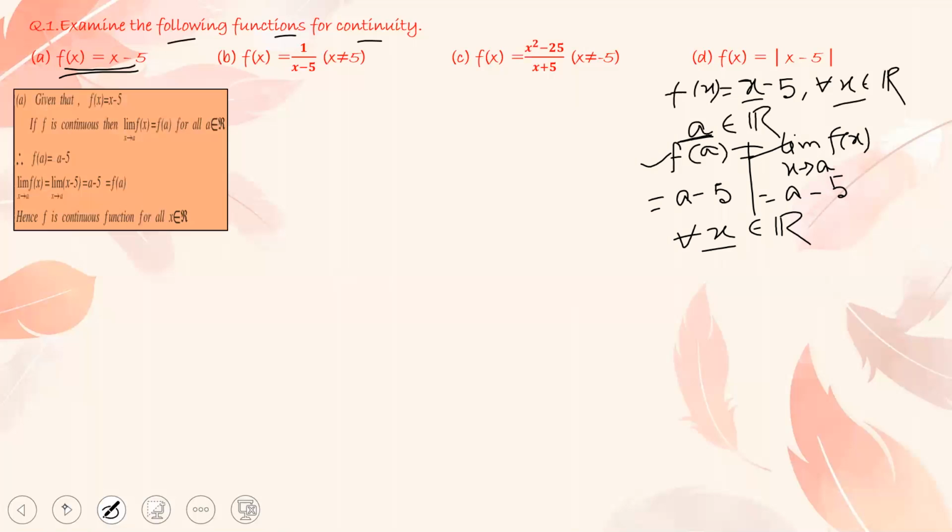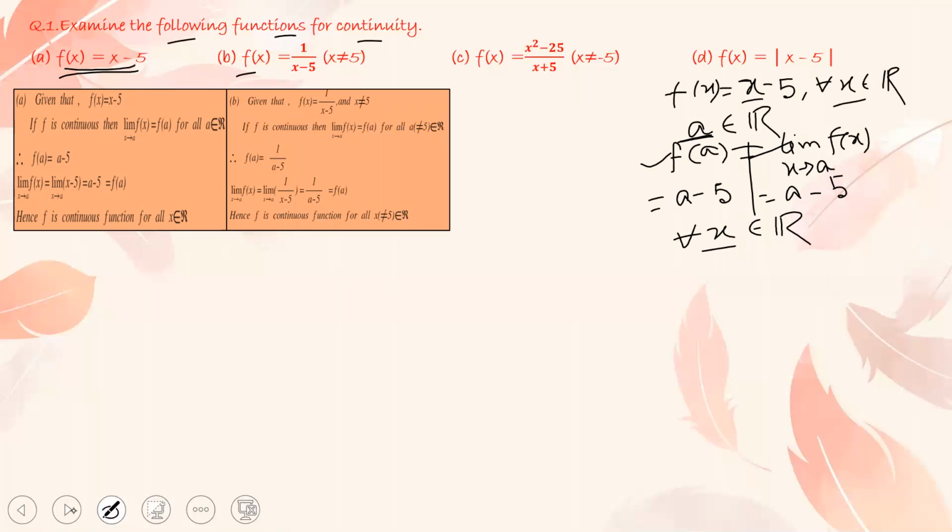Now here is your second example. f(x) is 1 upon x minus 5 and x not equal to 5. So except x equal to 5, I can define the function 1 upon x minus 5. Now if x is equal to 5, then what happens? The denominator will be 0 and that will be undefined. So I am not taking this point x equal to 5. So except that point, let's check the continuity of the function. Take any arbitrary element a in the set of real numbers.